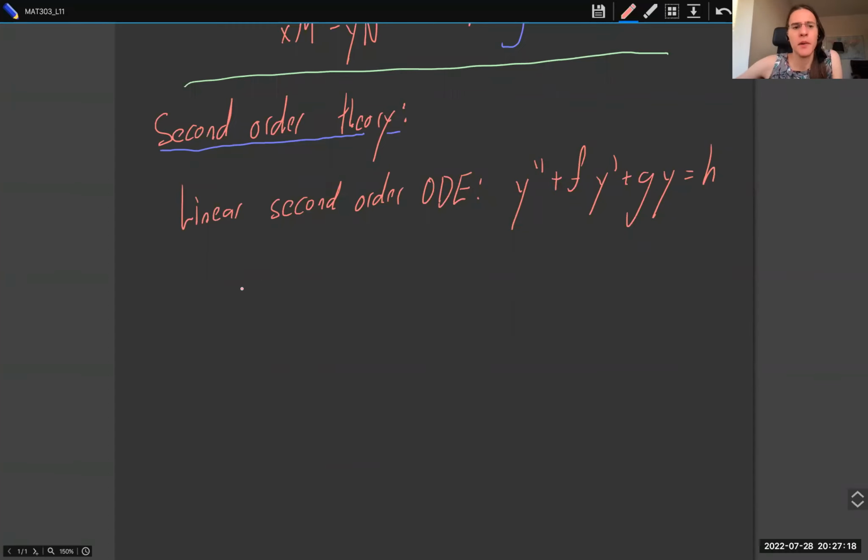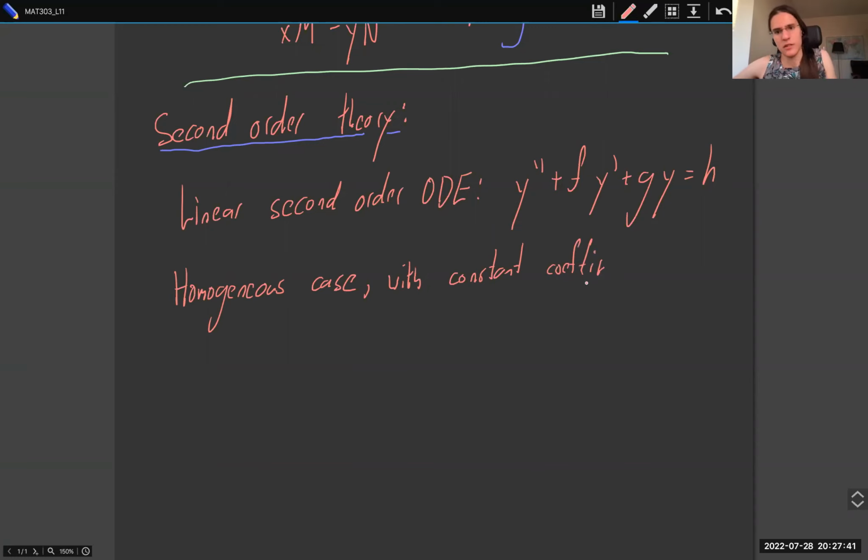So the thing basically is that for the homogeneous case with constant coefficients, in general this applies to nth order equations.